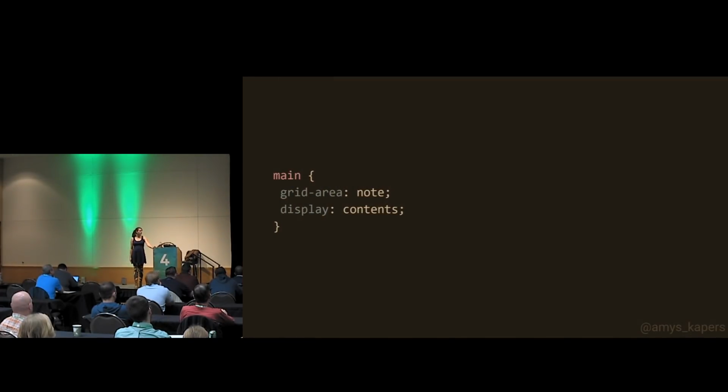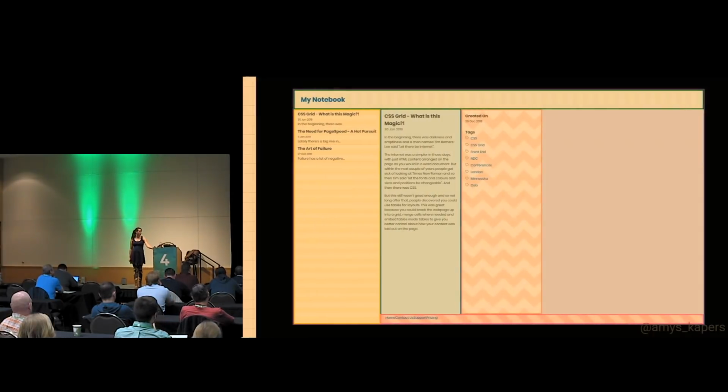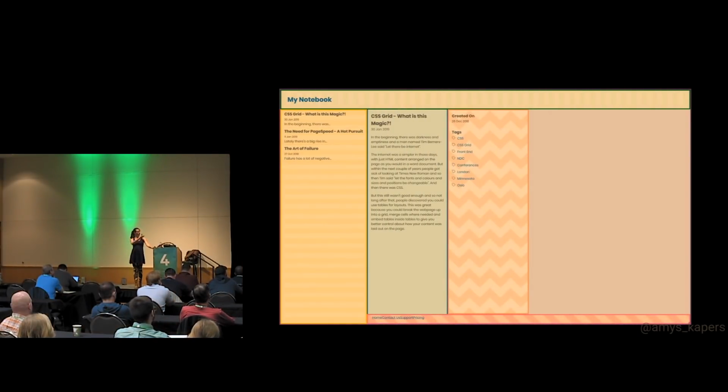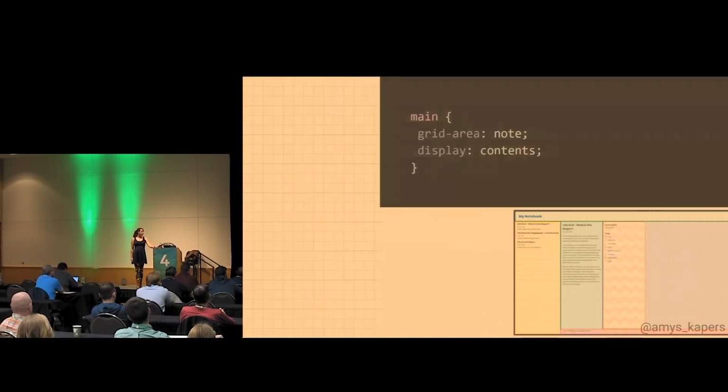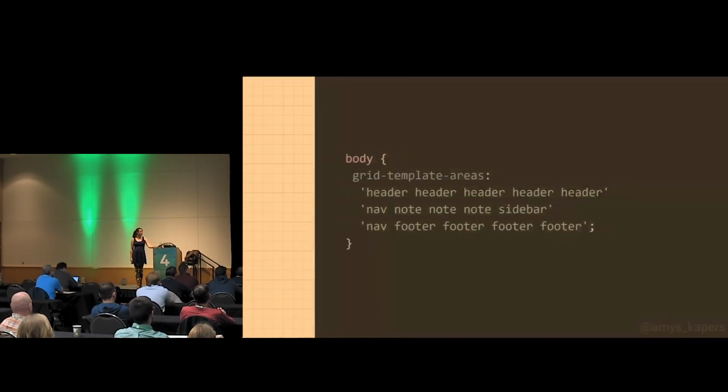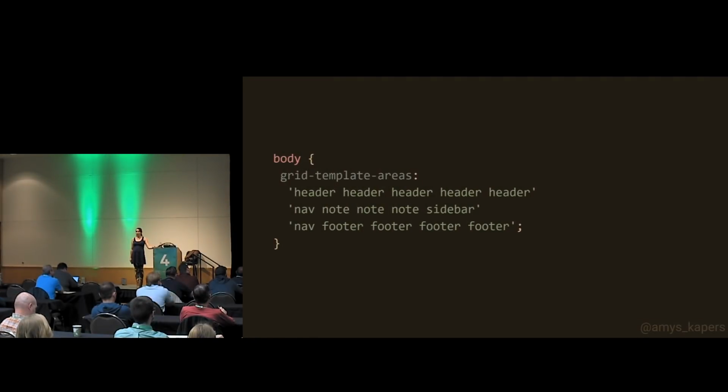So if we apply display contents to our main, you can see there the article and the aside element are now taking up their own separate columns inside of our main grid layout. We can then change our named areas from before.